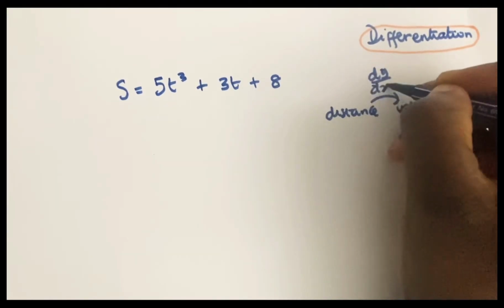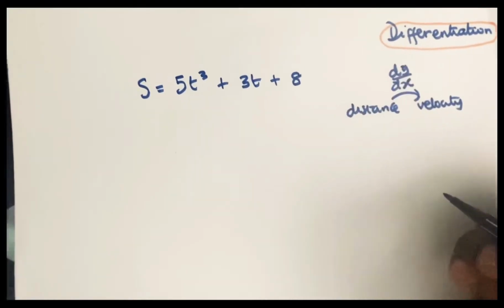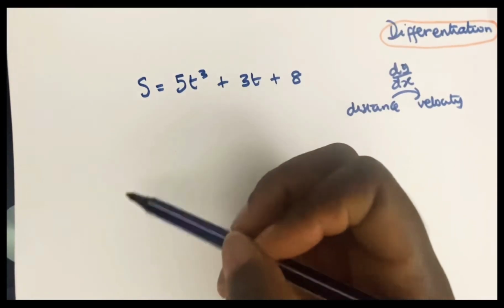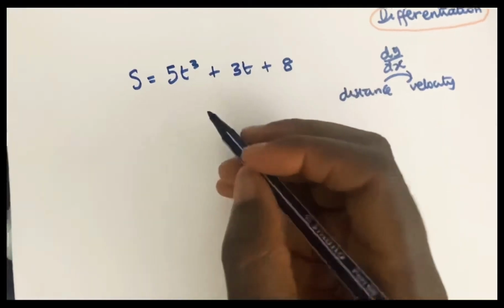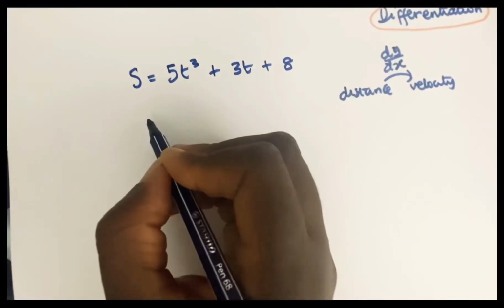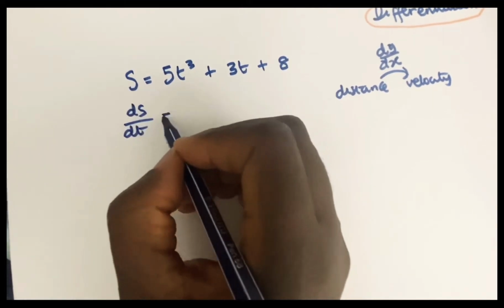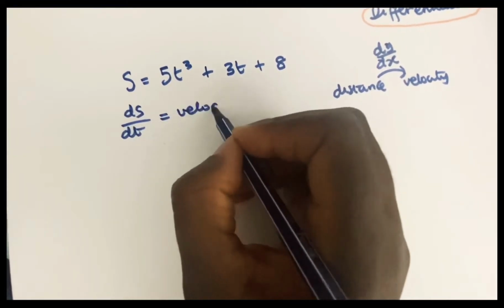But in this case, it's going to be the dS over dt, because we're talking about S and t, displacement and time. The dS by dt gives us the velocity.